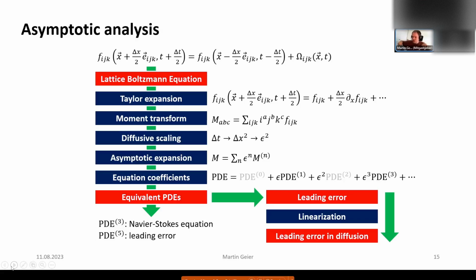Now this is of course stupid, you could say, because we already know what equation we solve. But we do not only want to know that we solve the Navier-Stokes equation, we also want to know what else we solve. So what are the errors that we solve? With asymptotic analysis, we can derive a hierarchy of equations that we solve. The first one of which is, of course, the equation that we want to solve, our target equation, for example the Navier-Stokes equation.